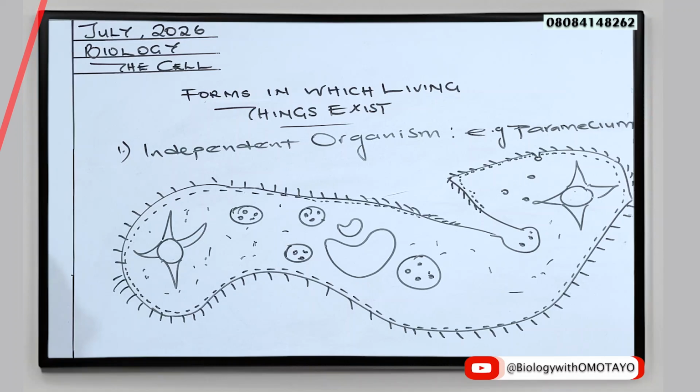Okay, as you can see here, I have the diagram of the Paramecium, and then as usual in biology, you know there must be a title.